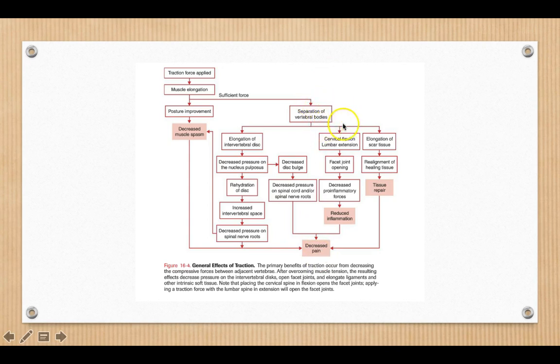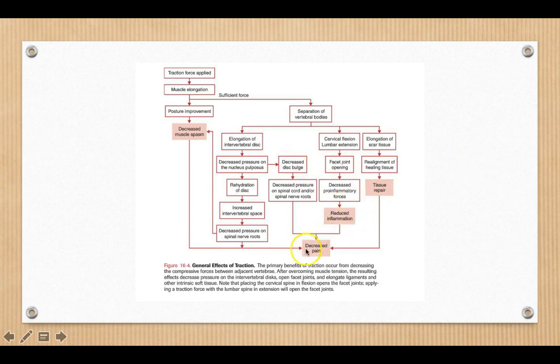If we separate those vertebral bodies enough, usually in the cervical spine we add a little bit of flexion, and in the lumbar spine we add a little bit of extension. That can open up our facet joints as well, so not just what happens to the discs, but also to the facet joints. That can decrease some pro-inflammatory forces, those abnormal pressures, the constriction of the synovial fluid in that area that is causing inflammation.